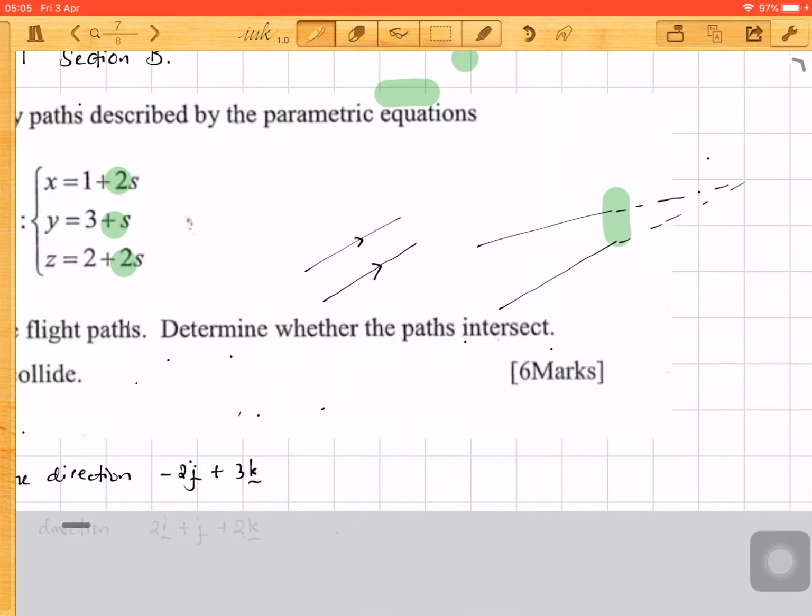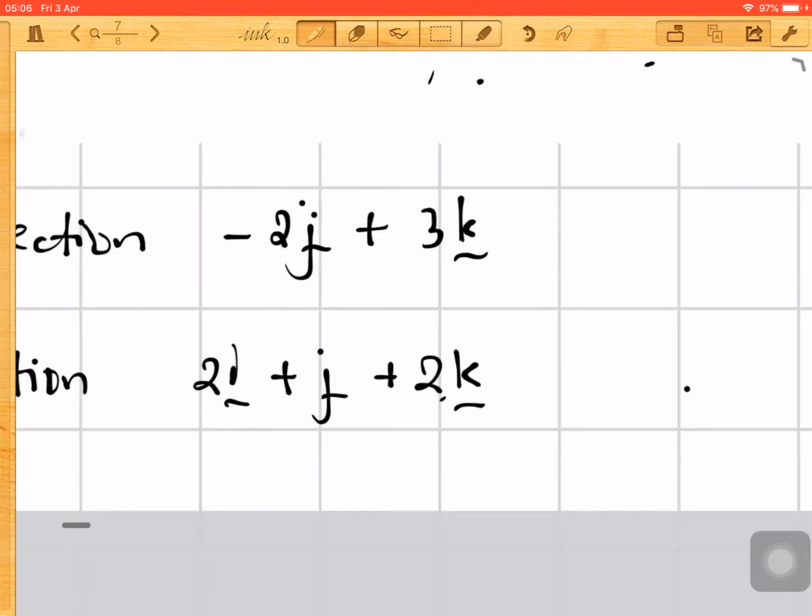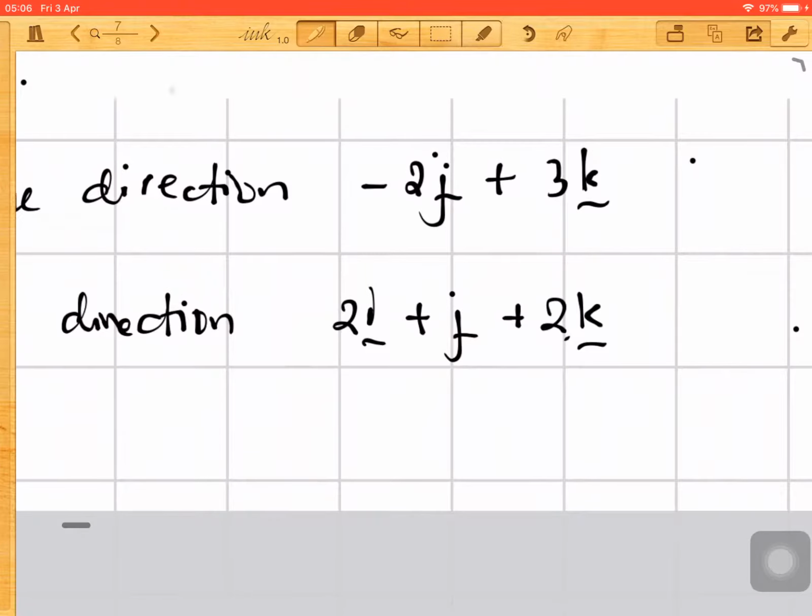So in this case, the only thing you have to check is whether they are parallel. Looking at these two, it is quite obvious that they are not a constant multiple of each other, so they are not parallel.